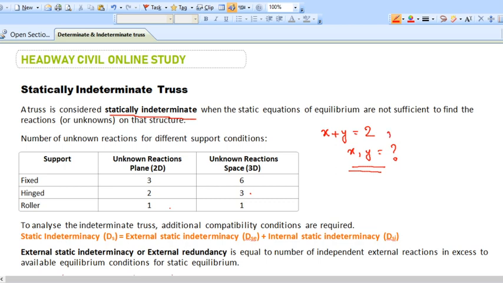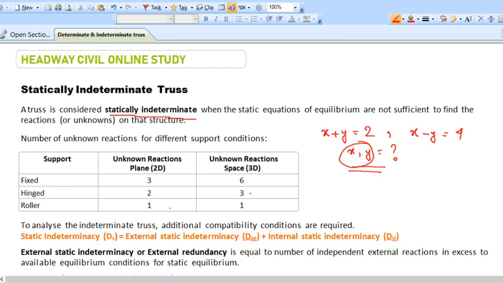Now if I give you another equation like x minus y equals 4 and ask you to find x and y, you will easily be able to determine these values. So to find two unknowns, we need two equations. That means the number of unknowns and the number of available equations has to be the same in order to identify those unknowns. So in determinate trusses, the number of unknowns and the number of available equations are the same.